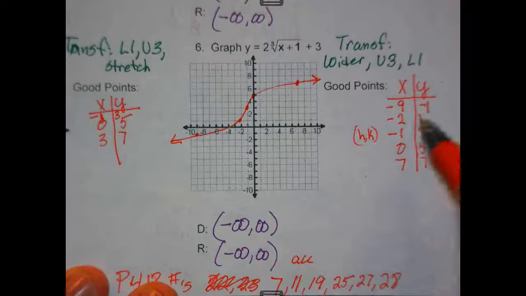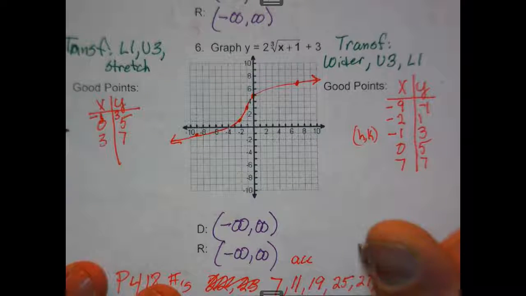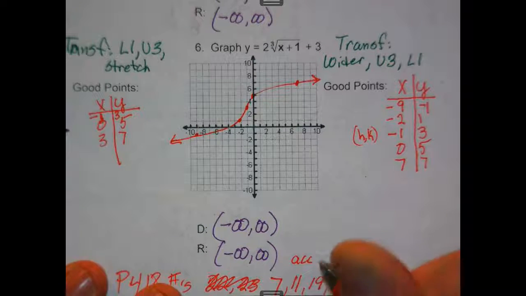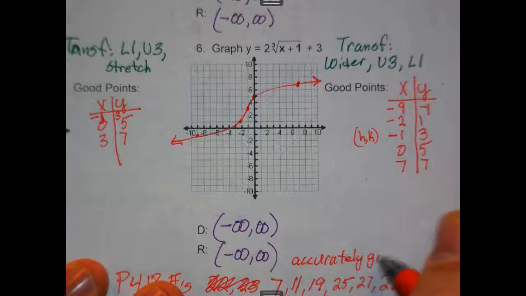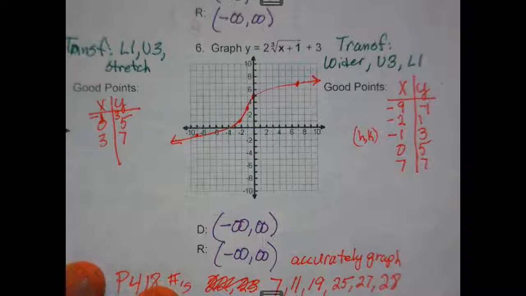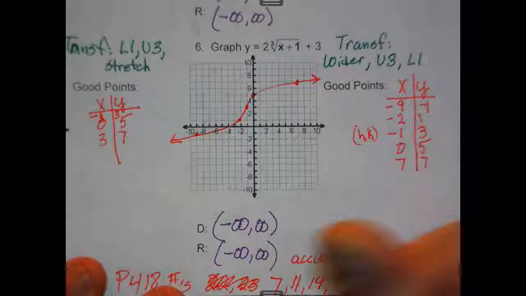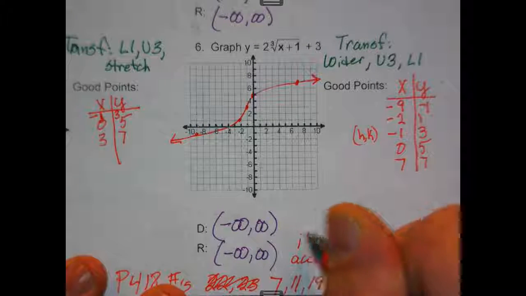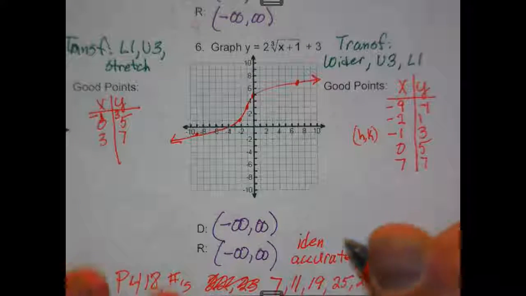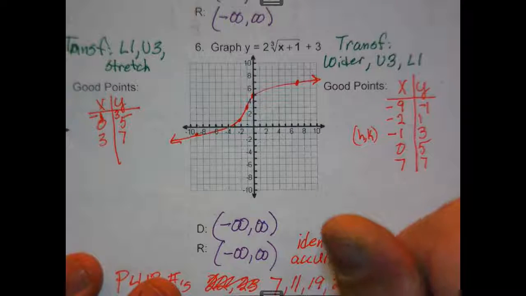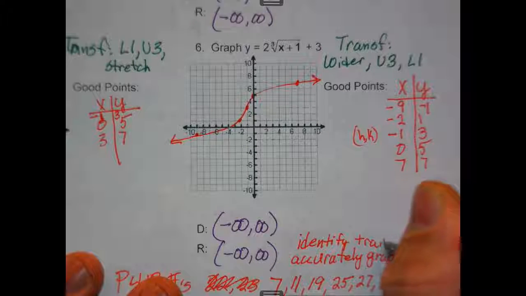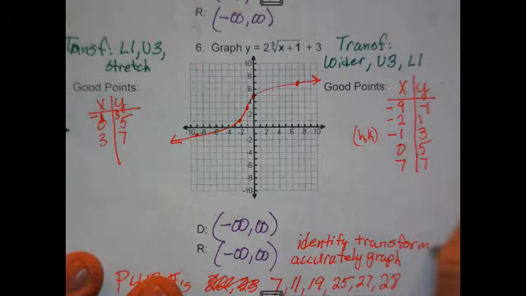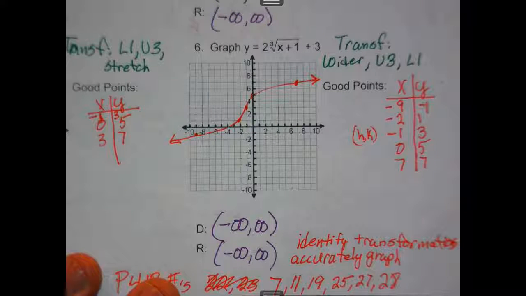I showed you how to accurately graph with the good points, right? Accurately graph. You have to identify any transformations, which I did. Luckily, I did that for you. And what else? Domain and range.